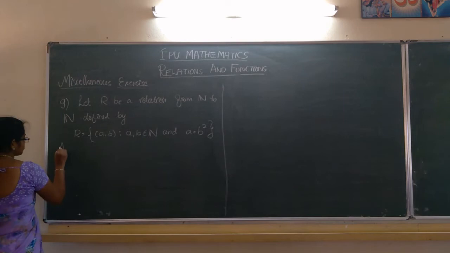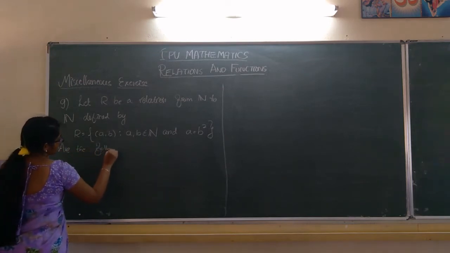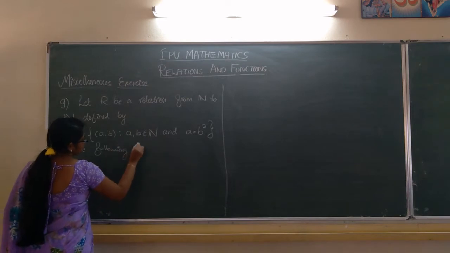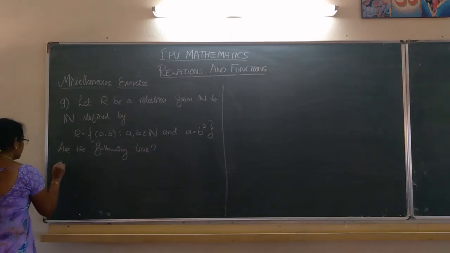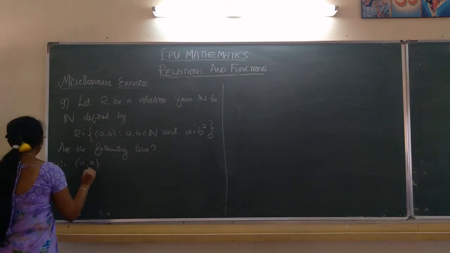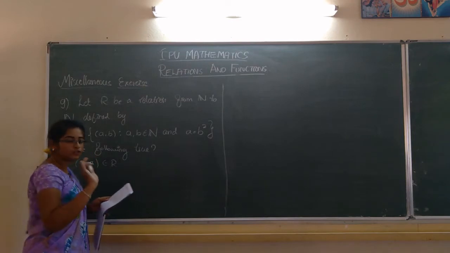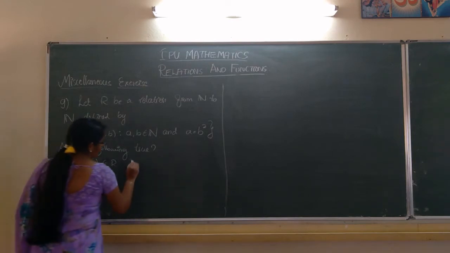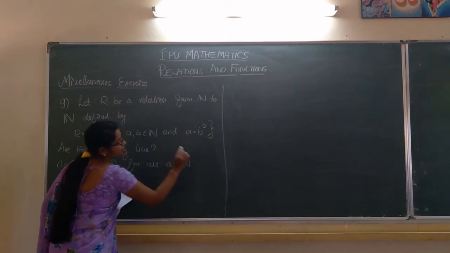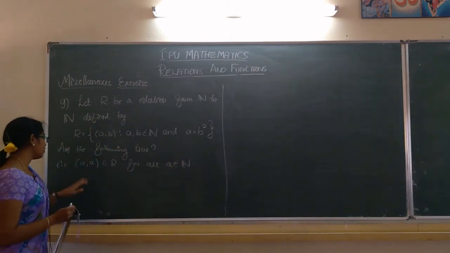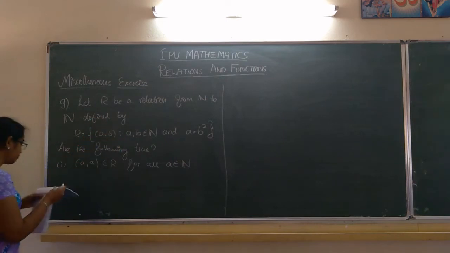Are the following true? The first question is, the ordered pair A comma A belongs to the relation R for all A belongs to N. For all natural numbers, whether A comma A belongs to the relation defined like this. Okay, we need to verify.